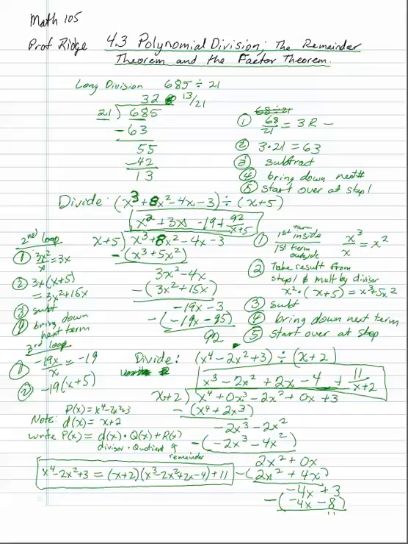Okay, now let's review synthetic division. Let's divide x cubed minus 4x squared plus 3x minus 2 divided by x plus 3. So if you recall, the way we do this is we're going to put in the opposite of that, right?